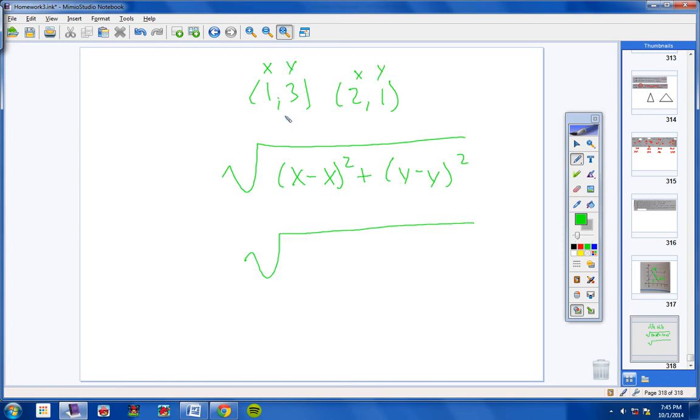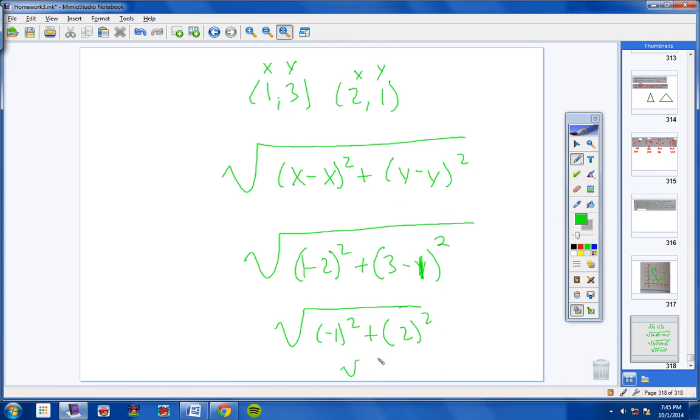So 1 minus 2, so we have 1 minus 2 quantity squared plus y minus y, so 3 minus 1, quantity squared, and then 1 minus 2 would be negative 1 squared, and 3 minus 1 would be 2 squared.